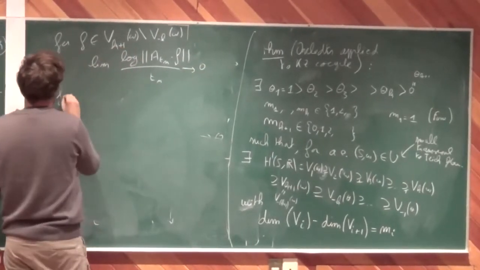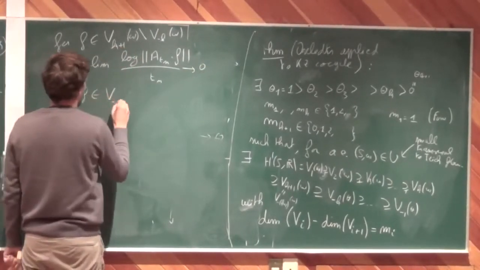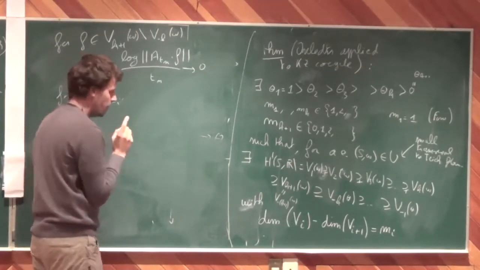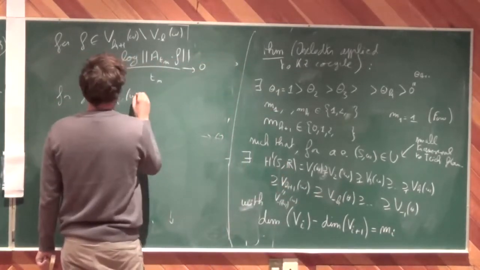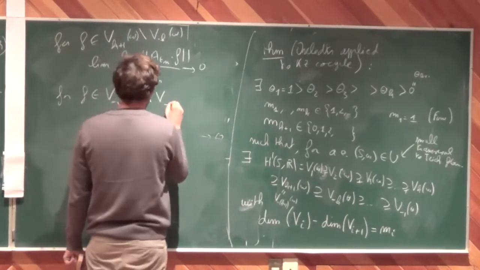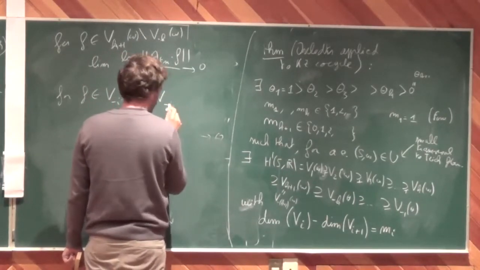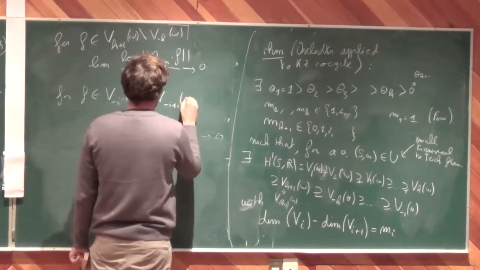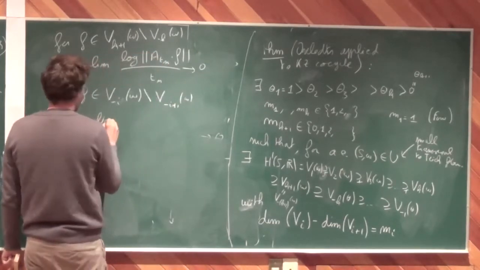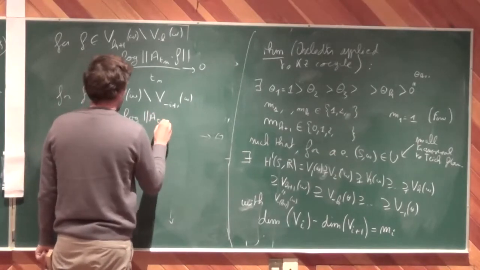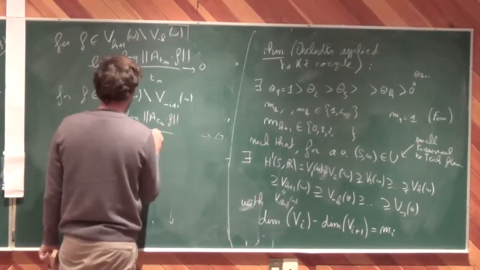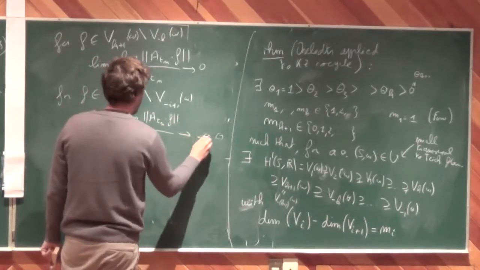And for f that belongs to the negative ones, V minus i of omega backslash V minus i plus 1 of omega, the limit of log of atn of f over tn goes to minus theta.